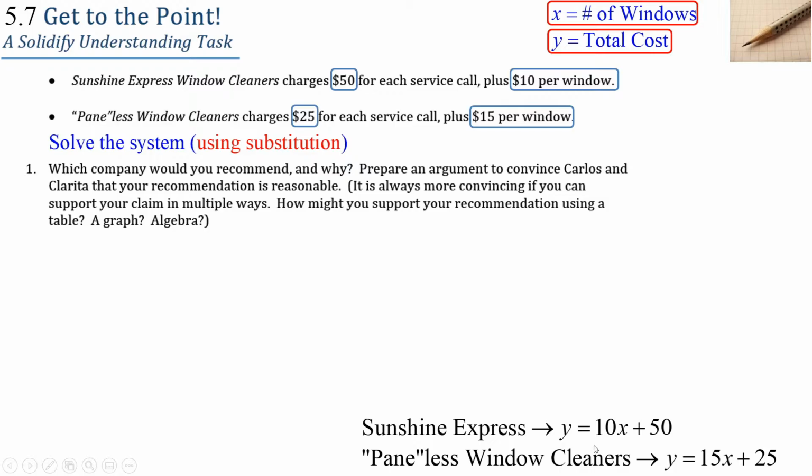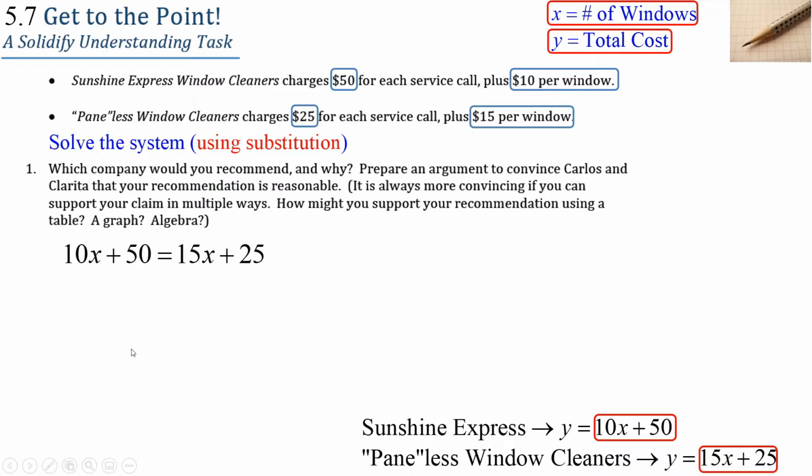Well, we have y equals 10x plus 50 and y equals 15x plus 25. If y equals 10x plus 50 and y equals 15x plus 25, doesn't that mean the 10x plus 50 would have to equal the 15x plus 25? And now we simply solve this equation, which is now in one variable.